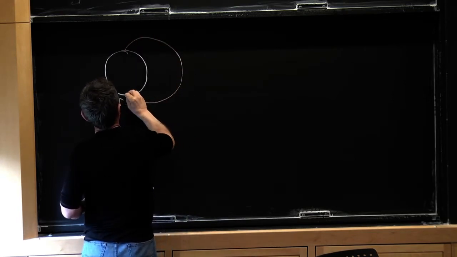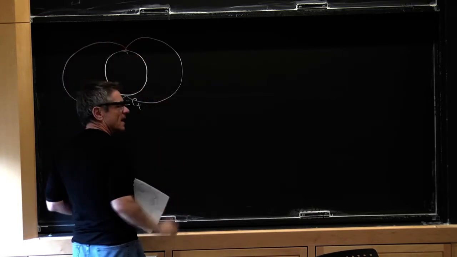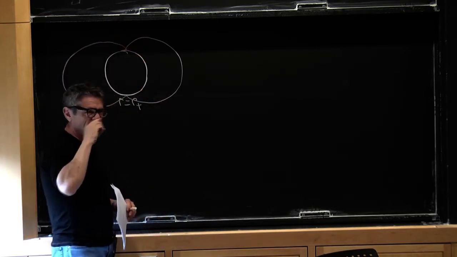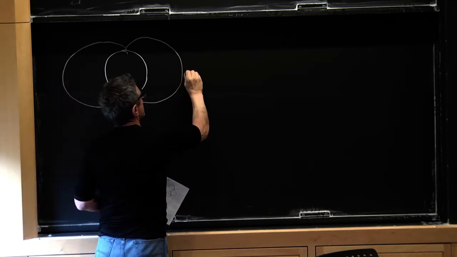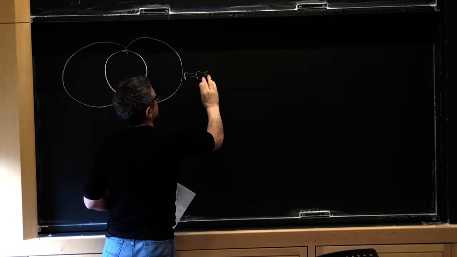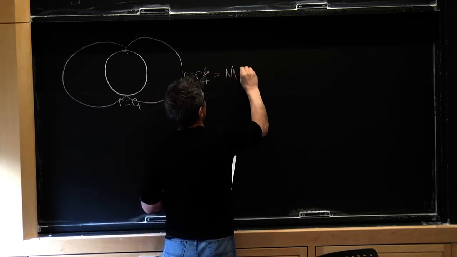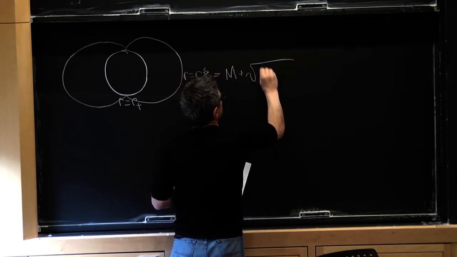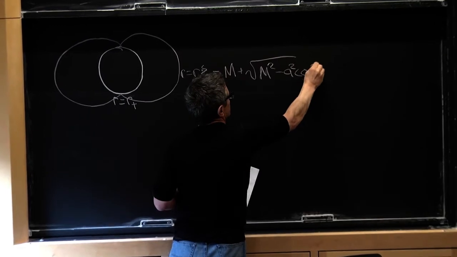It looks kind of like this. This is r equals r_s plus, which is equal to m plus or minus the square root of m squared minus a squared cosine squared theta.